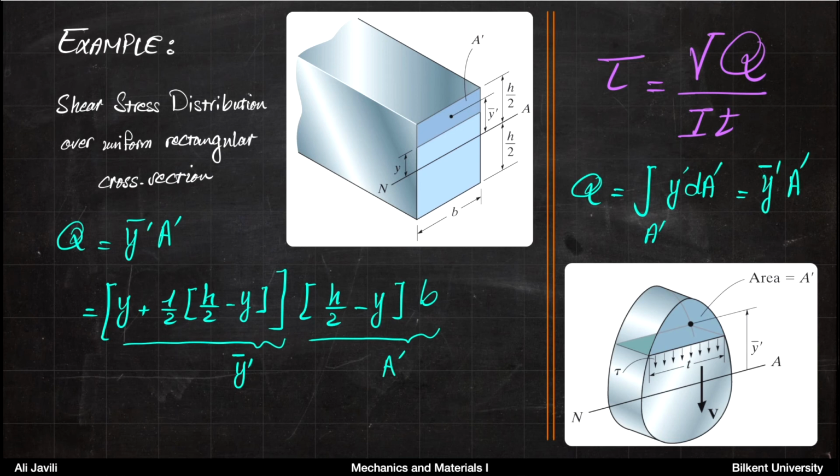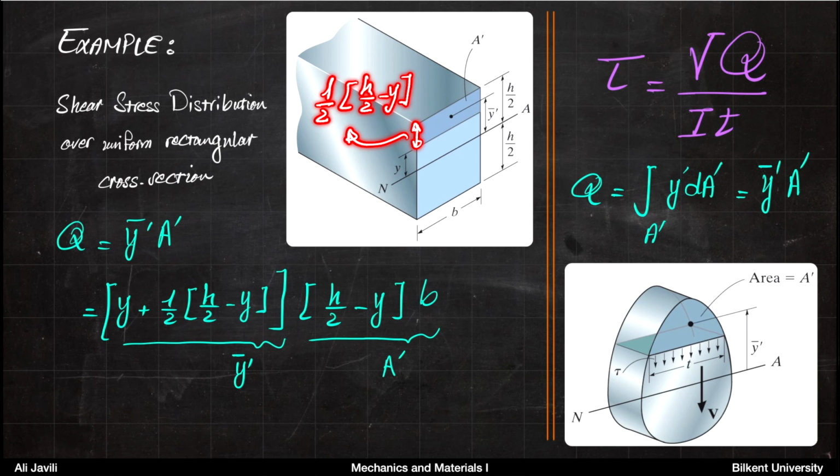The next thing you need to do is to find this distance, which we call y bar prime. Now, that's the distance from the centroid of that area to the neutral axis. And that distance is half of the height of that rectangle, and the height of that rectangle itself, we just had it. It was h over 2 minus y.